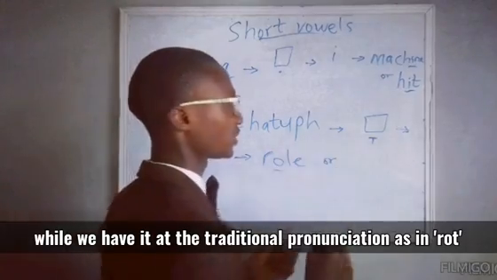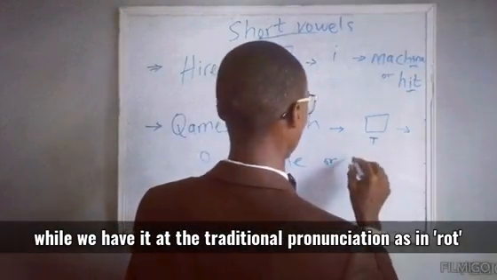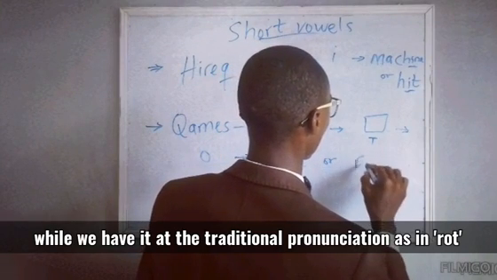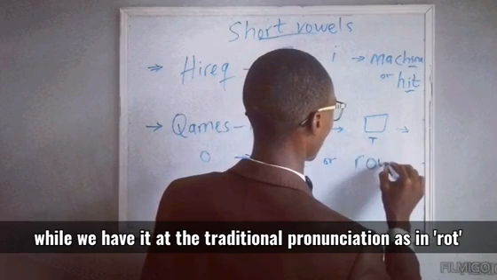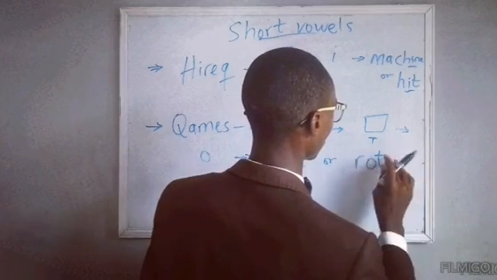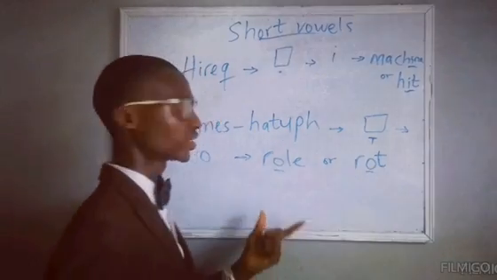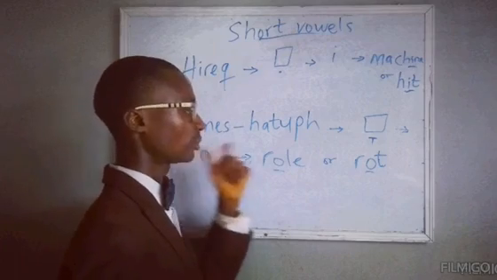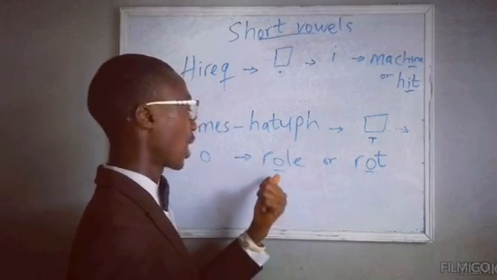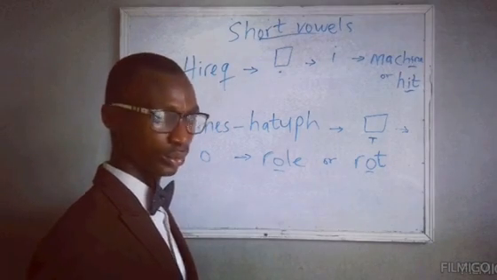Why we have it in the traditional pronunciation as in rot. So in other words, traditionally it was pronounced as O, while the modern pronunciation is O.